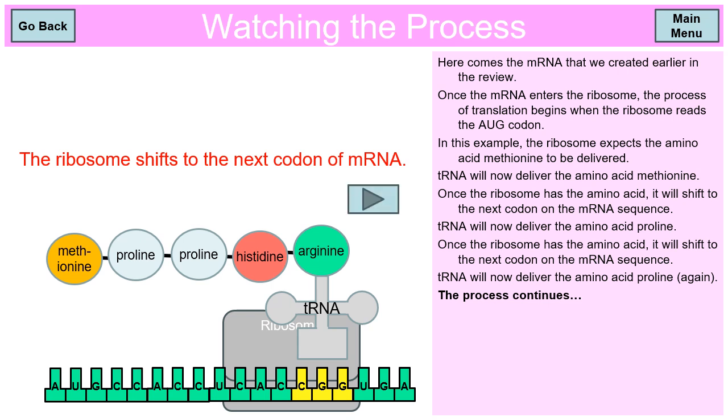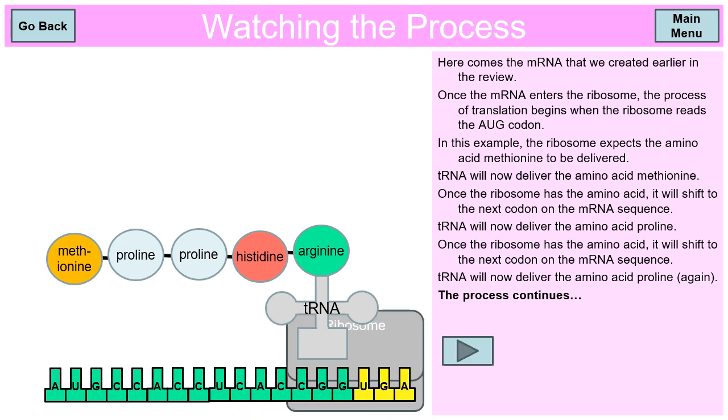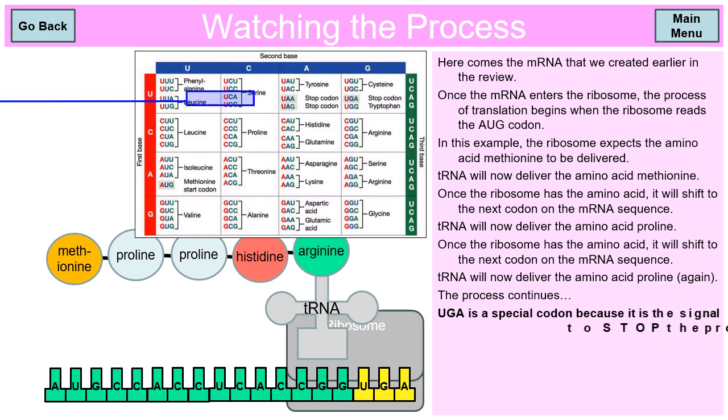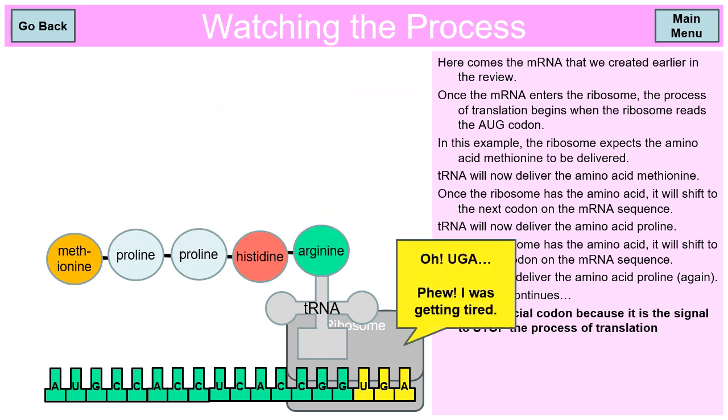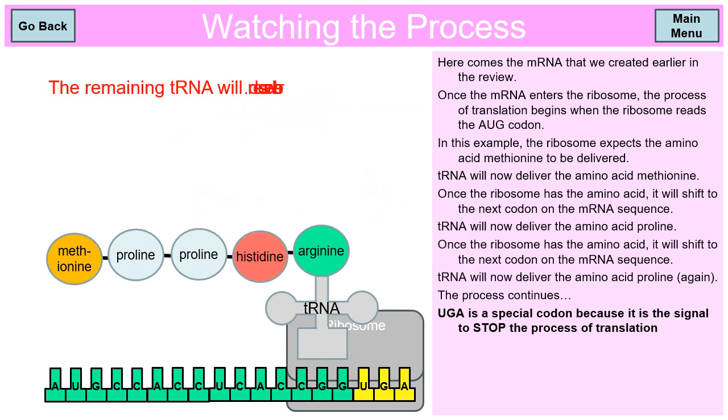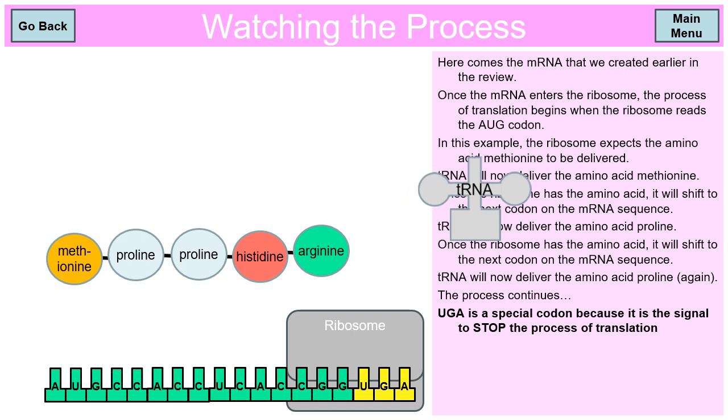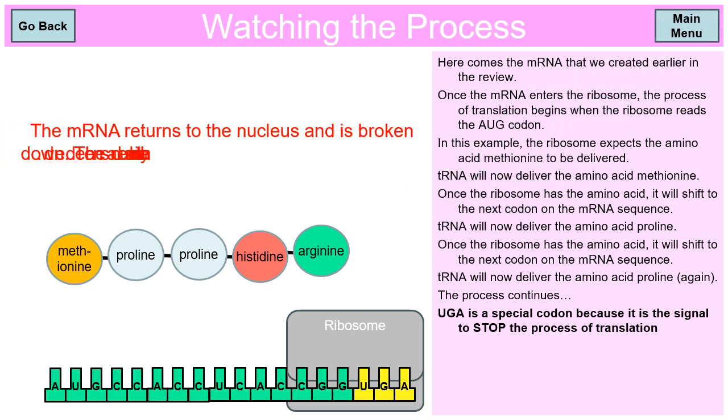And ultimately now, we've come to the stop codon, UGA. The students are shown that this is the stop, the end of the process. And we have a polypeptide, basically.